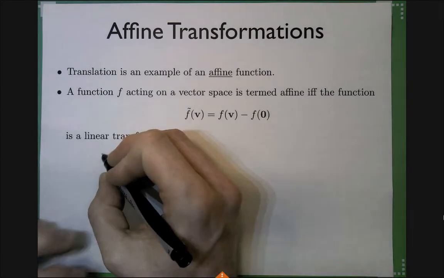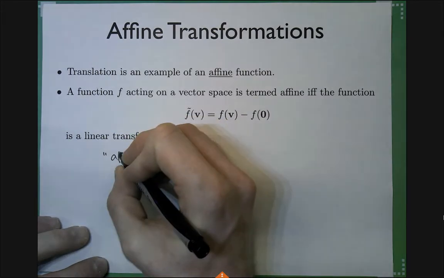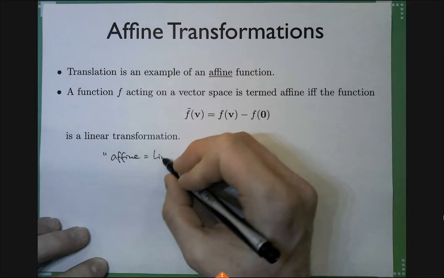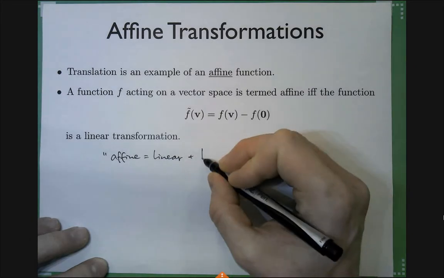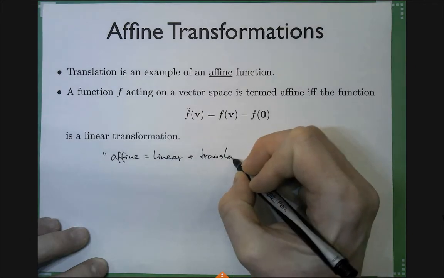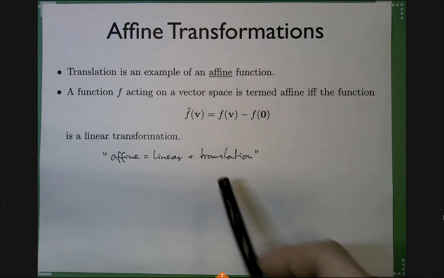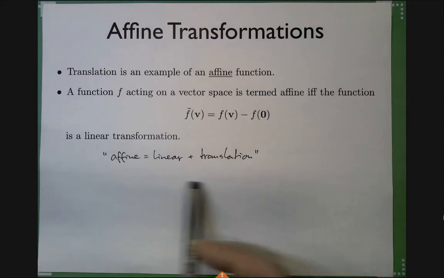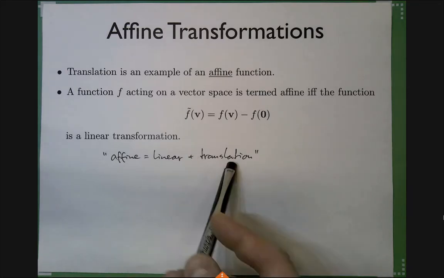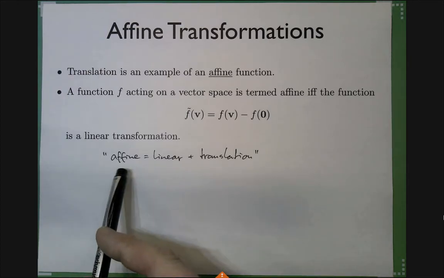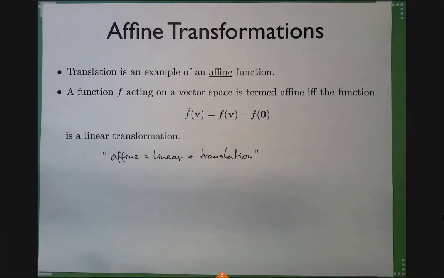Affine basically is linear plus translation. All right? Basically what happened is I realized that translations are not linear transformations, so I invent the affine transformation simply by adding translation into the picture, right?